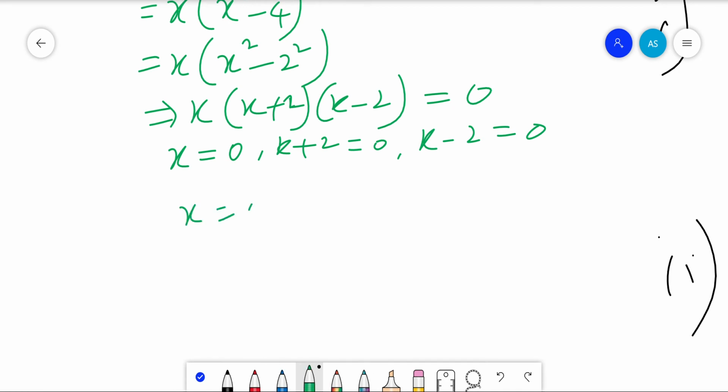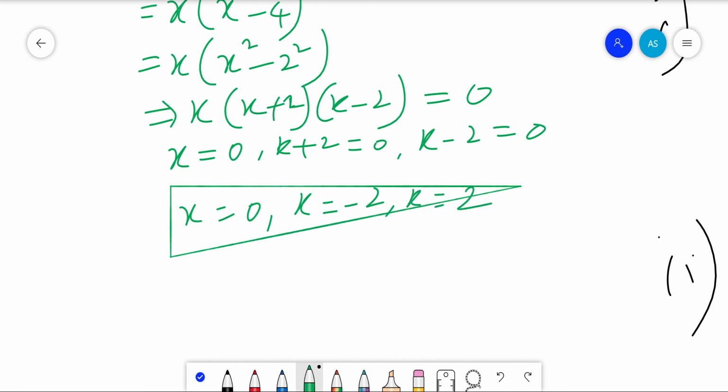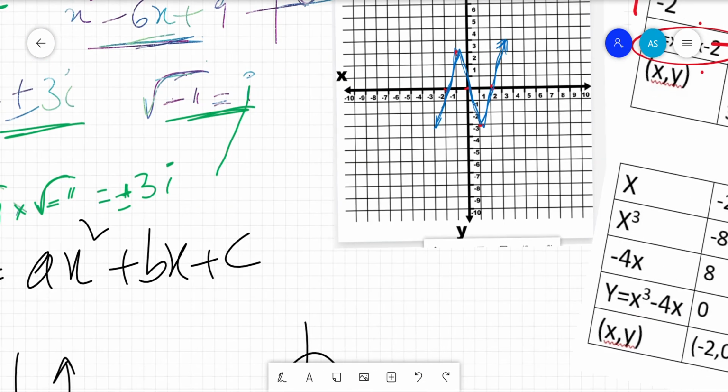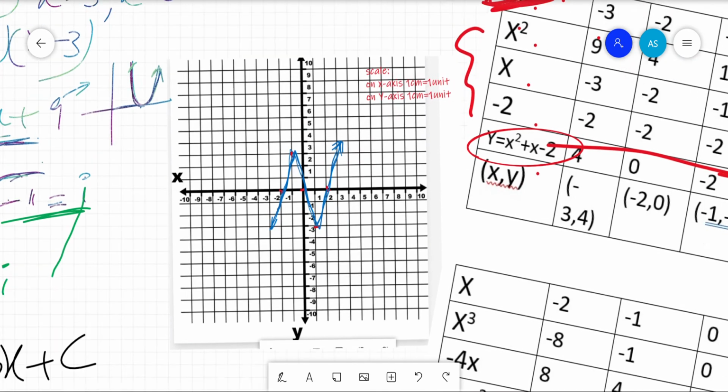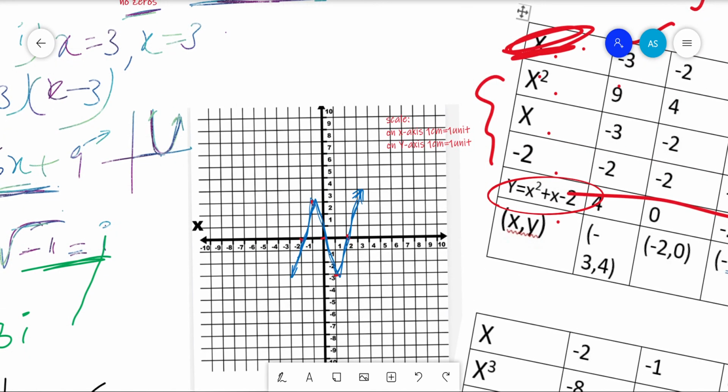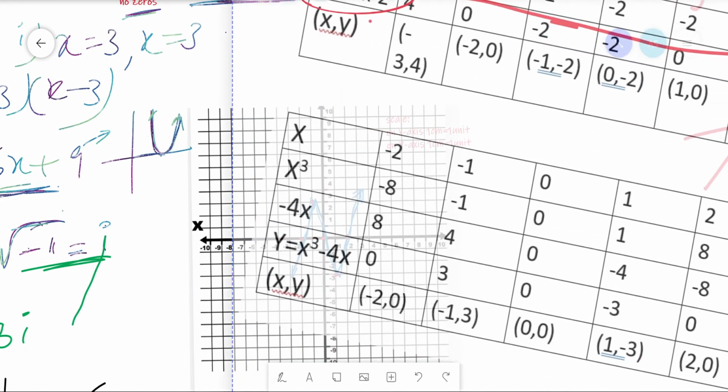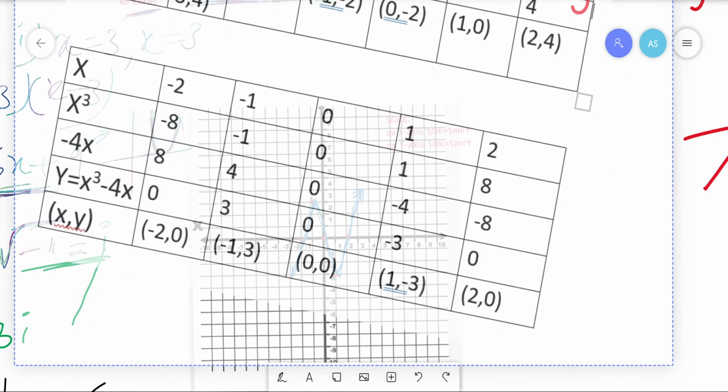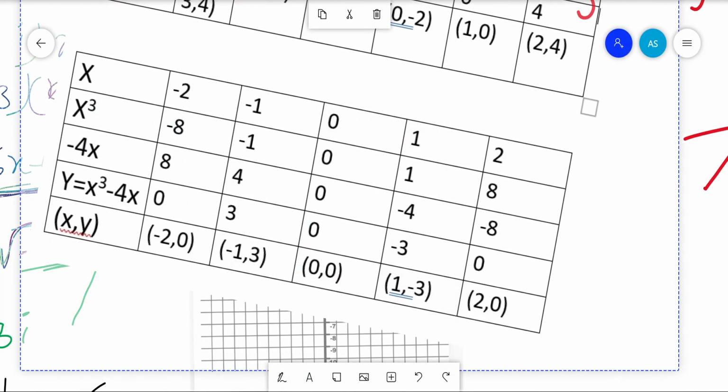So x is equal to 0, x is equal to minus 2 and x is equal to plus 2 are the zeros of this polynomial. So how will the graph be? You have to find out the graph. The graph of the cubic polynomial is, first you have to identify the points.